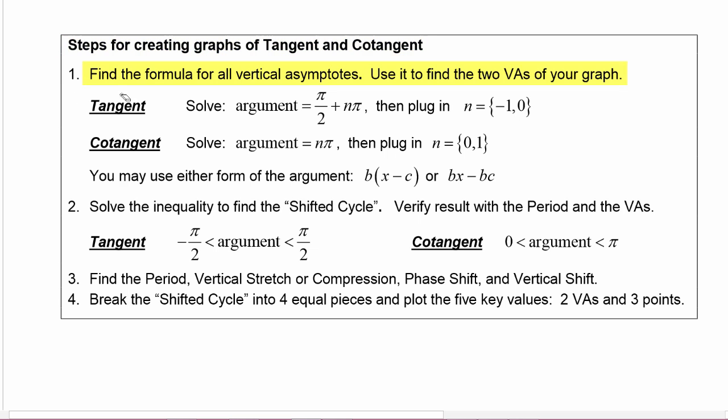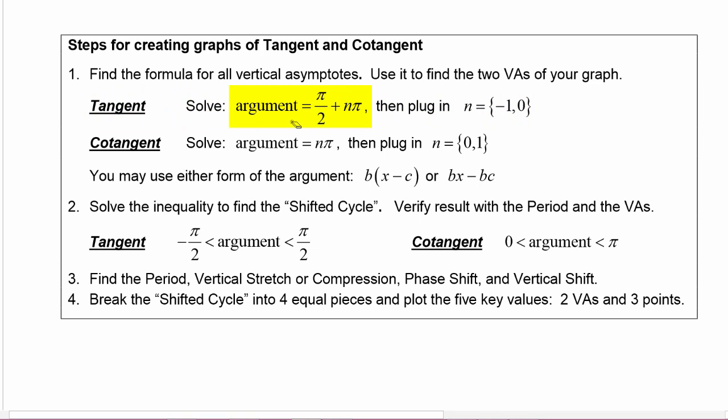First, we'll find the formula for all the vertical asymptotes, and then we'll use it to find the two vertical asymptotes on the graph. We discovered that for tangent, the normal places where the vertical asymptotes are is pi over 2 plus n pi.